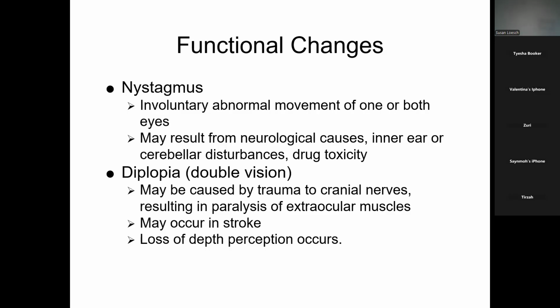We also have ptosis. This is paralysis of the upper eyelid. This can be from trauma to the cranial nerves or paralysis of the extraocular muscles from damage to those nerves. This can happen in a stroke. With double vision, they lose depth perception.